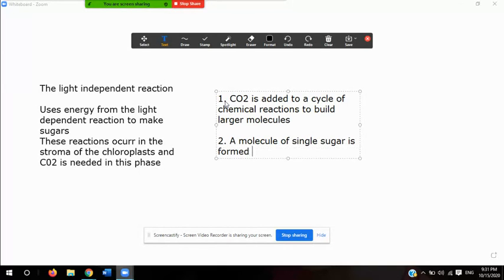It says the sugar, usually glucose, stores some of the energy that was captured from the sunlight.